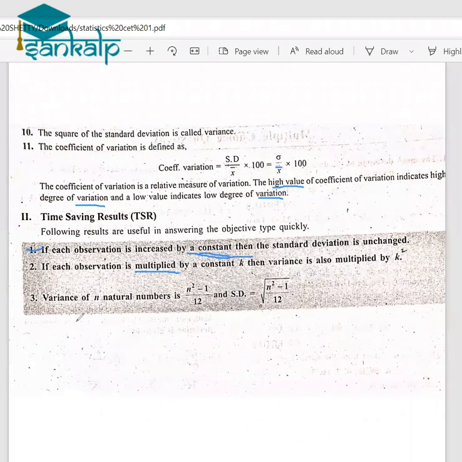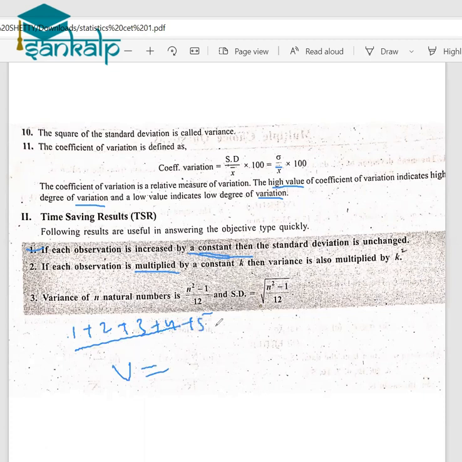So if we consider the first 5 natural numbers, 1, 2, 3, 4, and 5, and they ask you to calculate the variance or standard deviation, then we make use of this direct formula: variance is n square minus 1 upon 12, and SD is root of n square minus 1 upon 12.